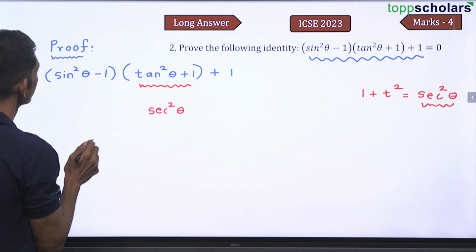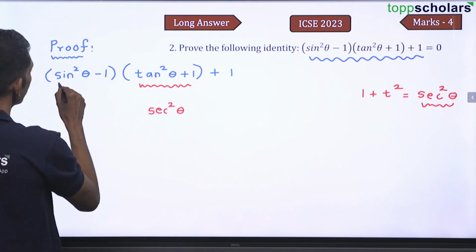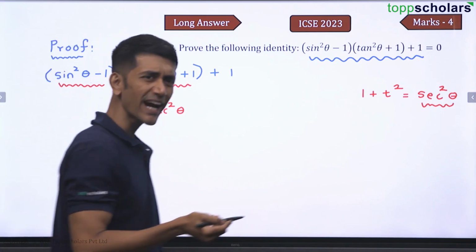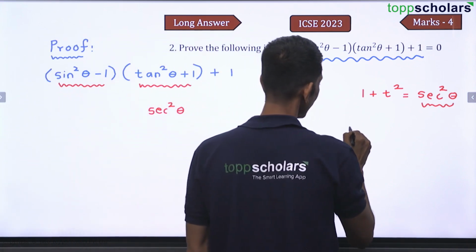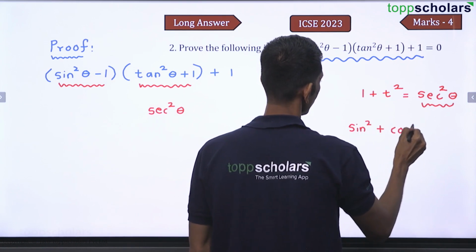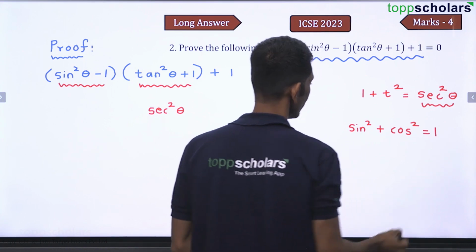Now understand this. If I see this part, this is sine square theta minus 1. Now let's recall the identity of sine. We know that sine square theta plus cos square theta is 1.